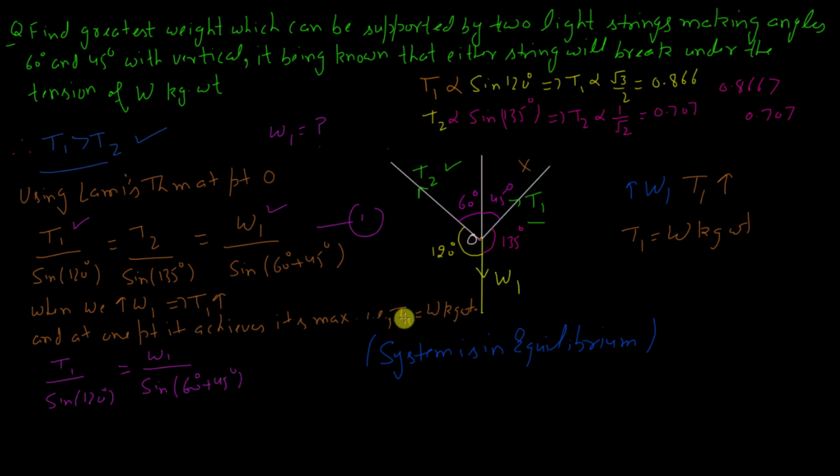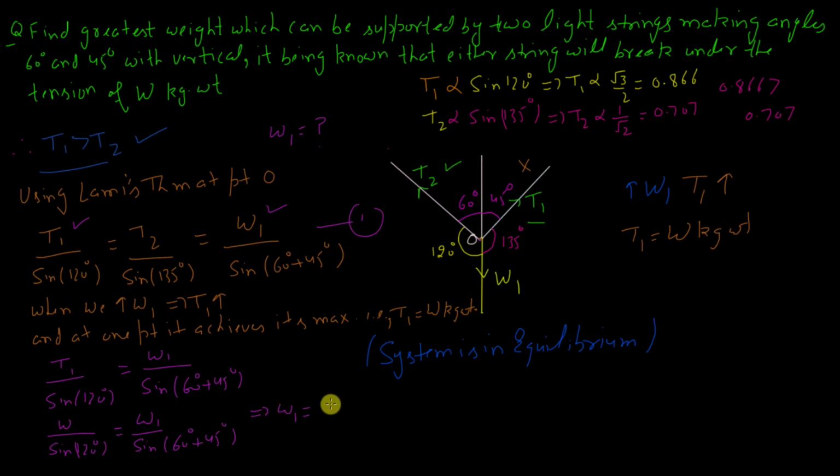T1 will become W, so I substitute W. I am not going to add these angles because I am going to use the formula sine A plus B to find the value of sine 105 degree.